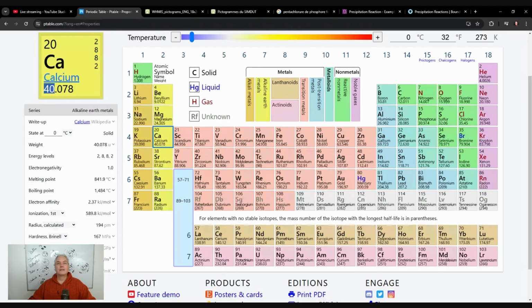The mass number is the number of protons and neutrons. So here, most of them are 40. That means 40 minus 20, so most atoms of calcium have 20 neutrons. There are some calcium atoms that have more than 20 neutrons, and that's why the atomic mass is a bit higher than 40.